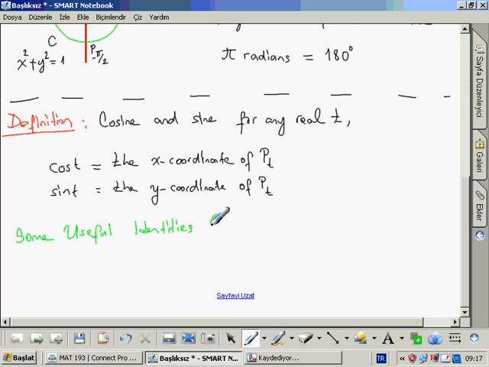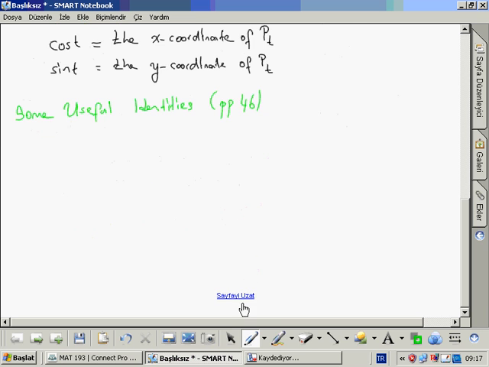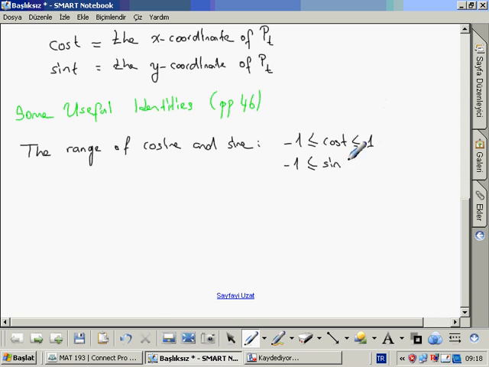What can we say about these trigonometric functions? The range of cosine and sine: minus 1 is less than or equal to cosine t, which is less than or equal to plus 1, and the same range holds for sine t.